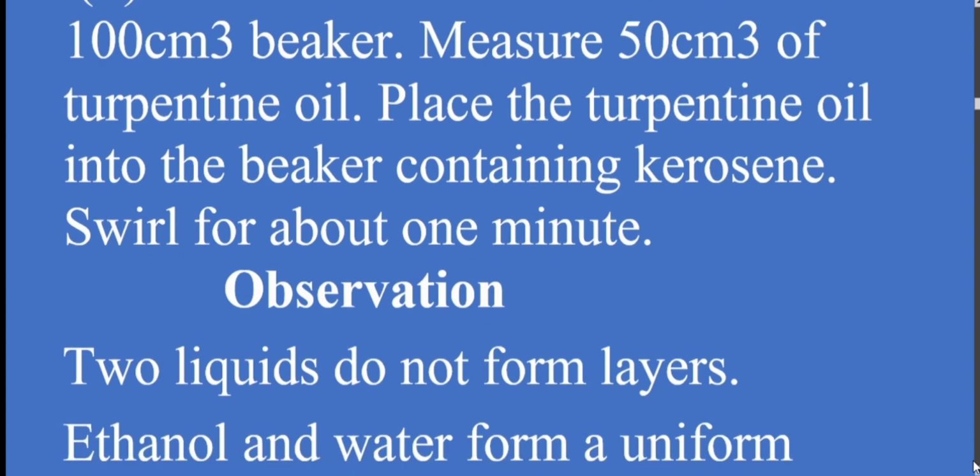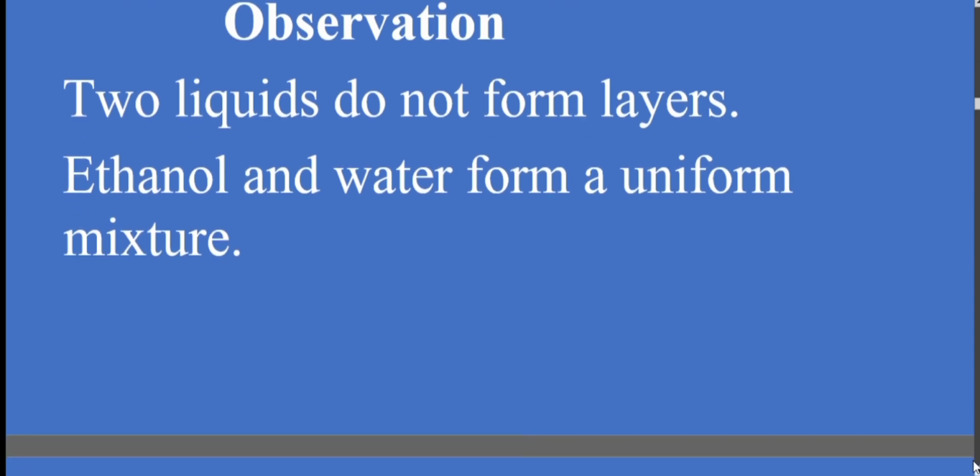Now let's look at the observation. The two liquids do not form layers. Ethanol and water form a uniform mixture. They mix completely to form a uniform mixture, and only one layer is formed.